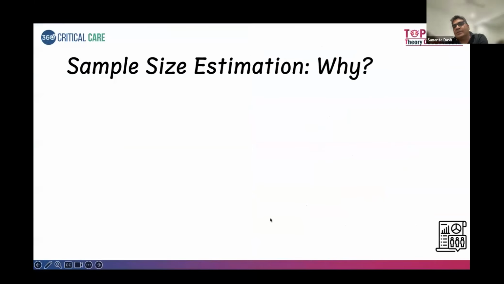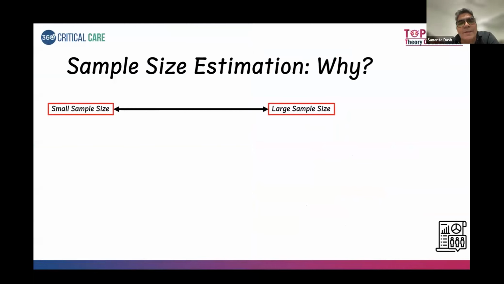All right. So sample size estimation, the first question is why we do it. You can have a small sample study or a big sample study or a large sample study based on many factors. As an investigator, you cannot simply determine a sample size.